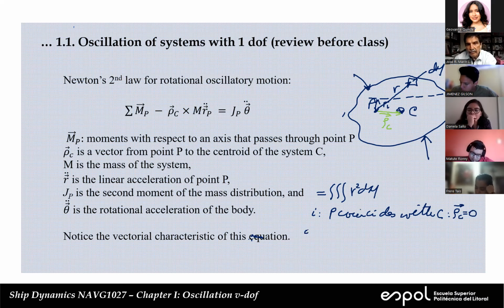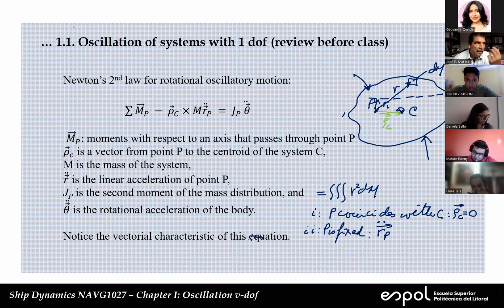The other situation occurs when P is fixed. In that case, R sub P doesn't move, because it's fixed. If this point P is fixed, it doesn't move, so it doesn't have velocity.